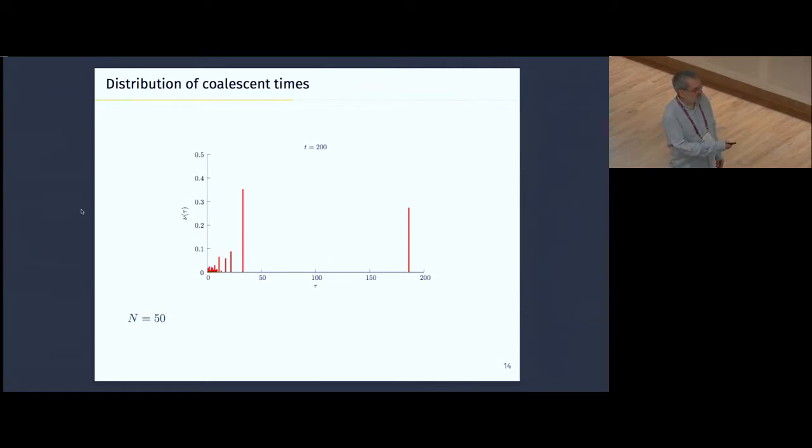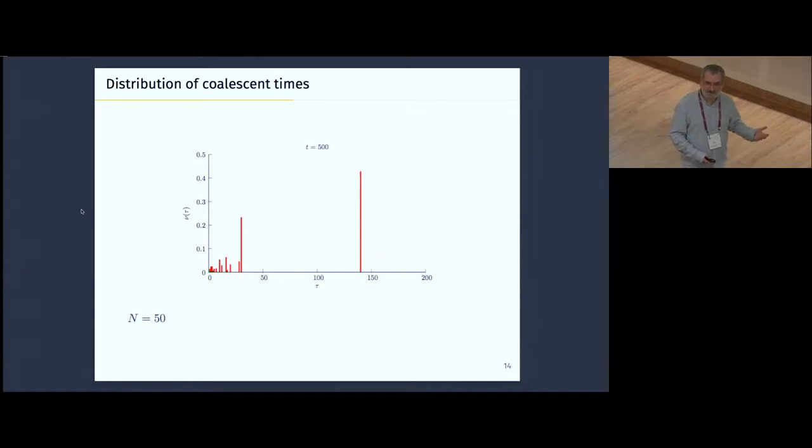This is generation 200, this is generation 300, this is generation 400, 500. What do you see from there? Can you tell me something about these distributions? Which are the obvious things you notice in these distributions?